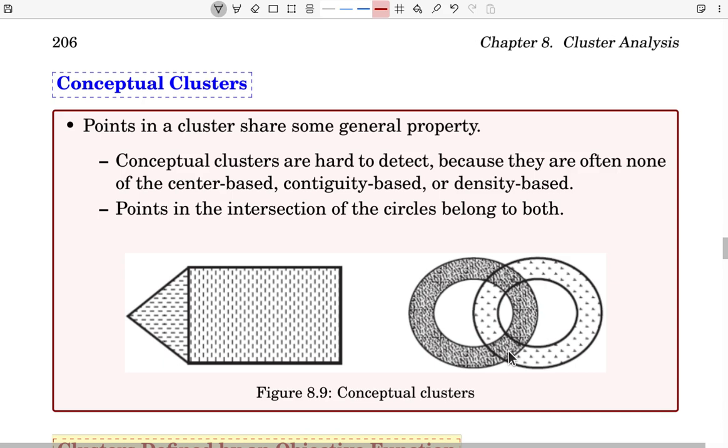So conceptual clusters are hard to detect, and without this conceptual approach, you cannot get it, and it's not a conventional clustering algorithm.